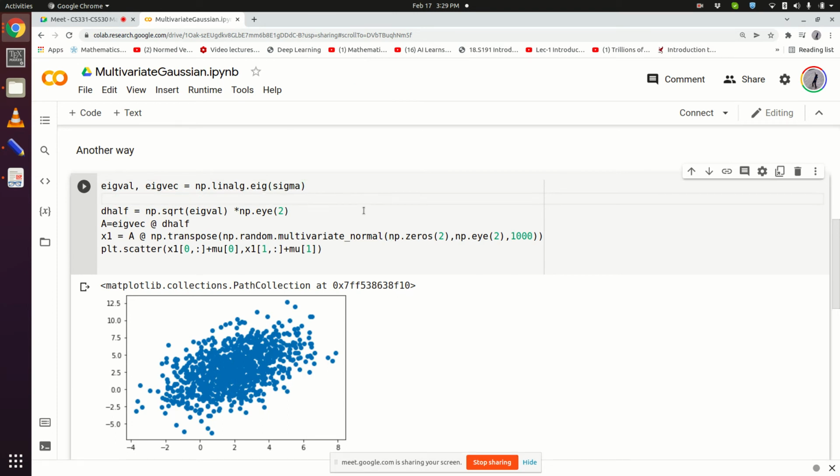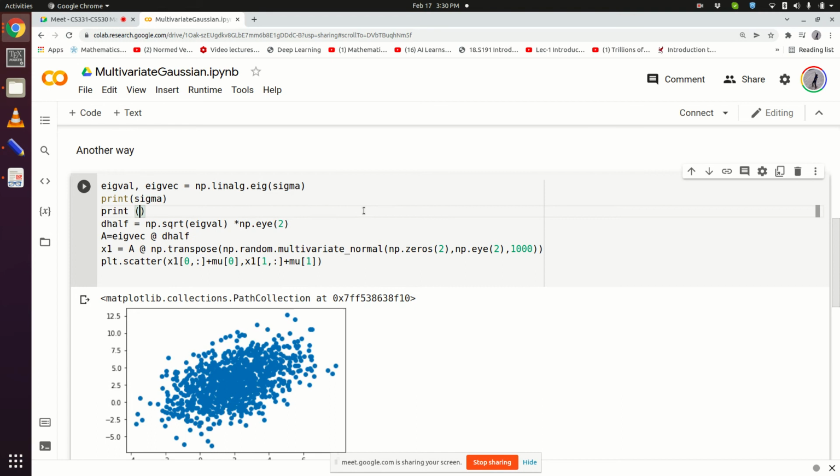Now let me print sigma, and let me print the eigenvector multiplied by the eigenvalue times the identity of 2, times np dot transpose of the eigenvector.